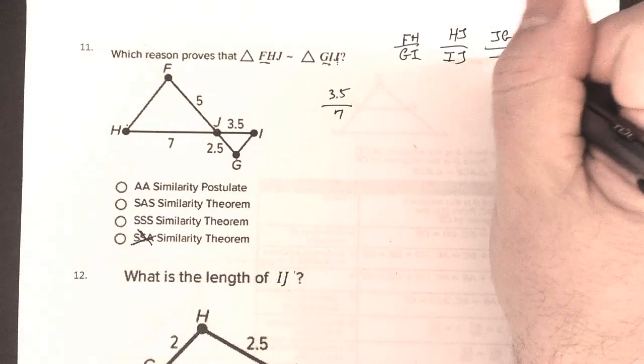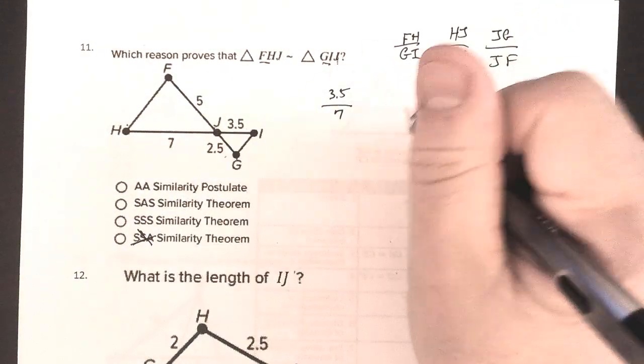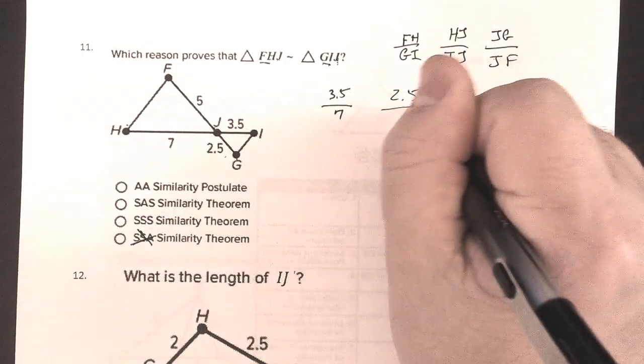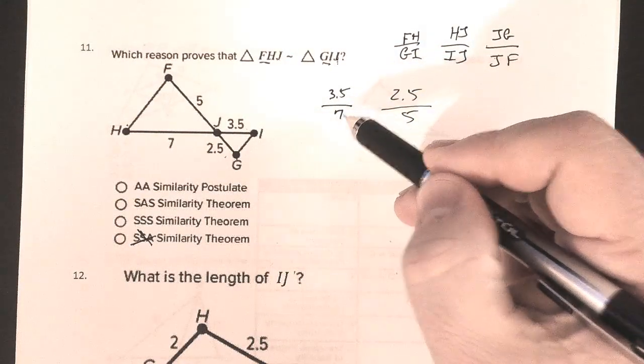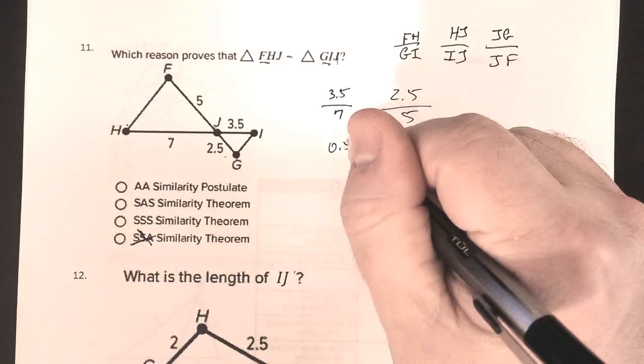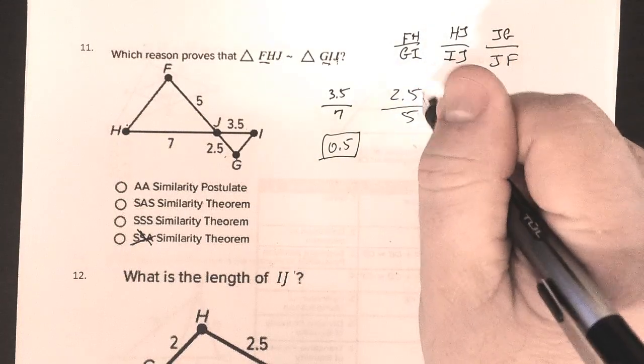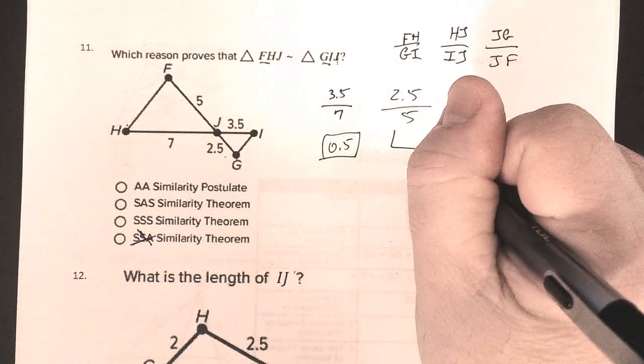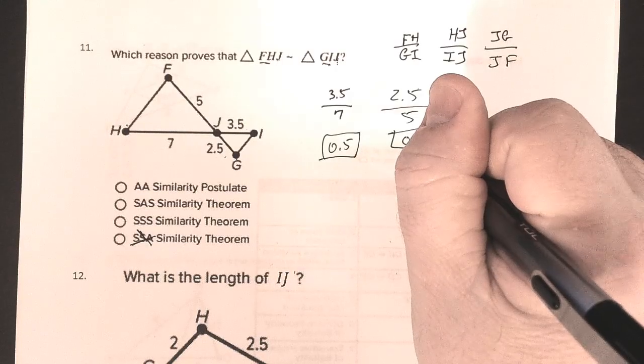So this one is 2.5 over 5. Well, if you divide 3.5 by 7, it's 0.5. 2.5 divided by 5 is also 0.5.